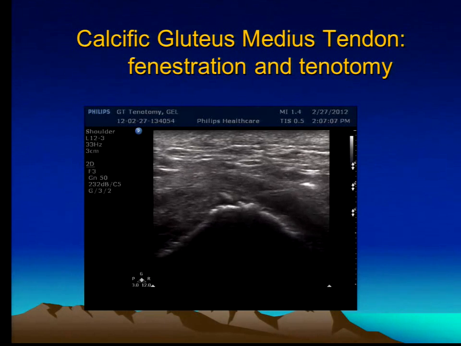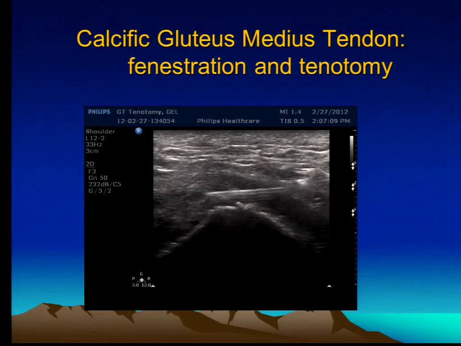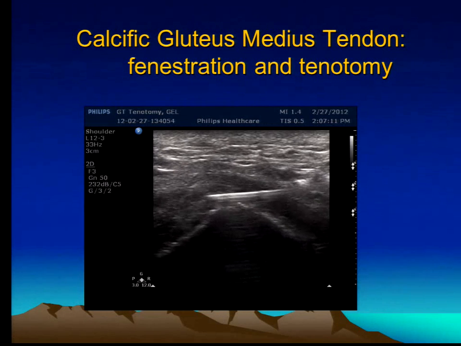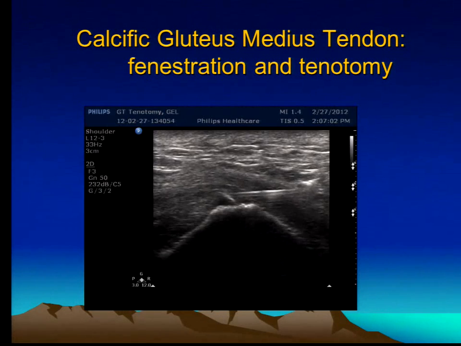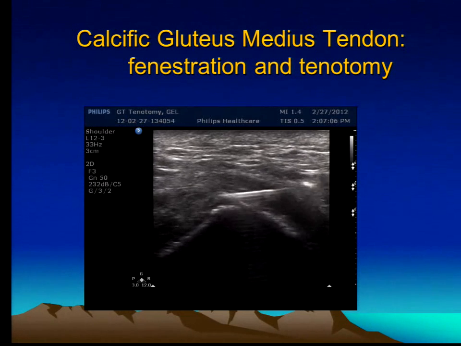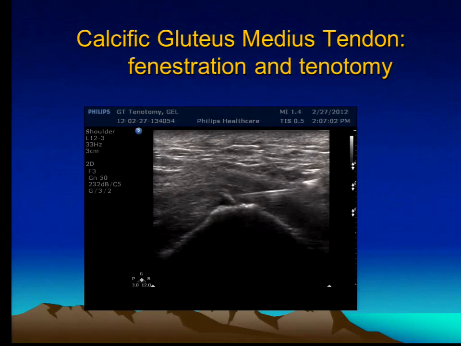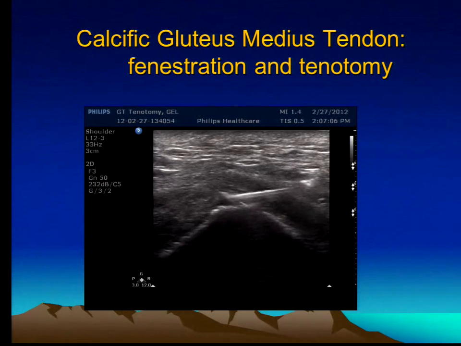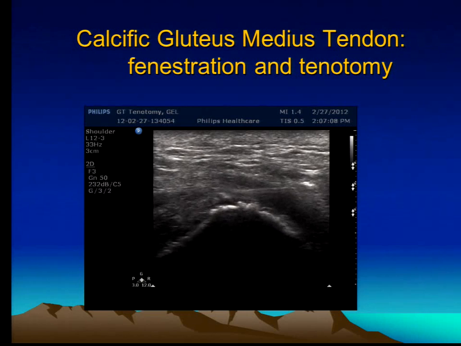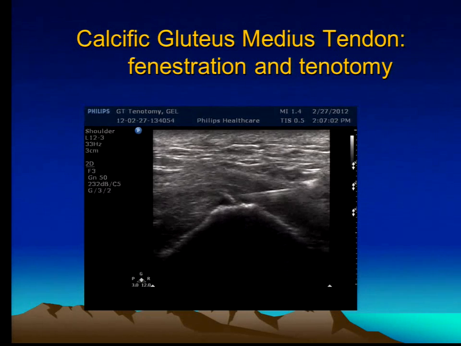So in many cases, trochanteric bursitis is actually misdiagnosed. The current thinking is that it is tendinopathy, just like you have for the shoulder. So if you think of the anatomy, the shoulder calcific tendinitis in many ways is similar to the gluteal tendinitis that we see. And the treatment here is quite similar.